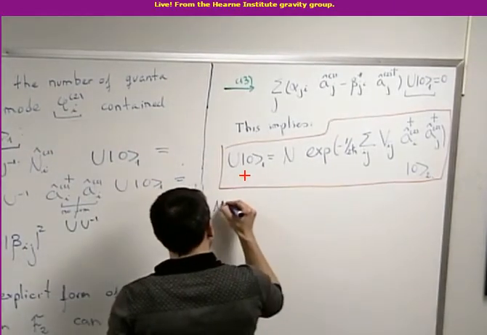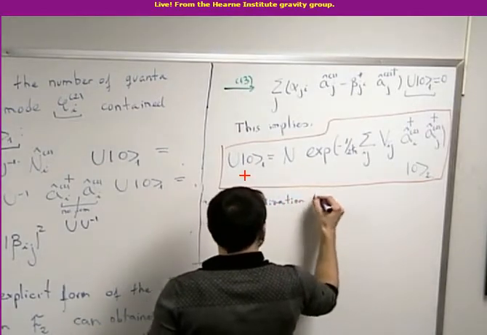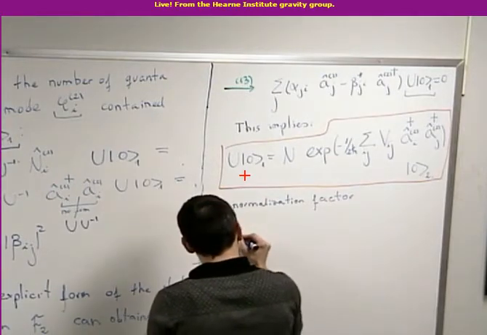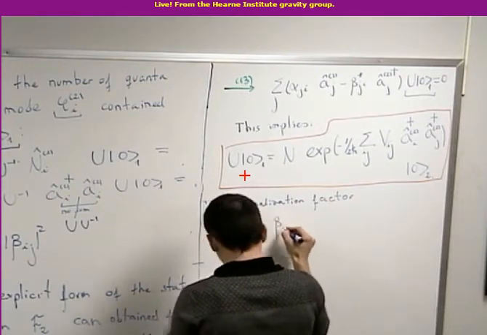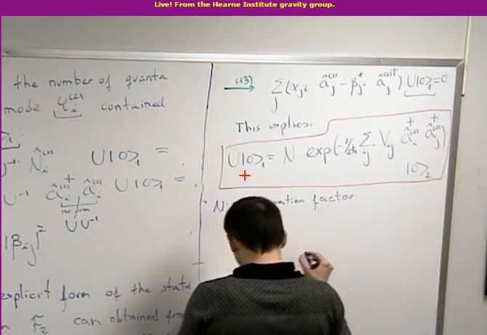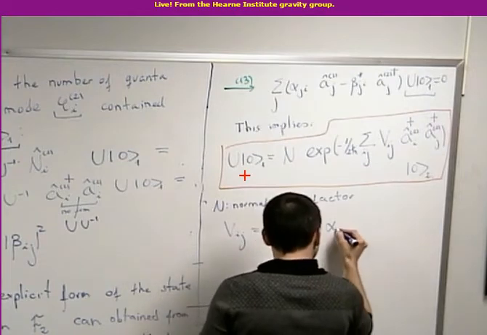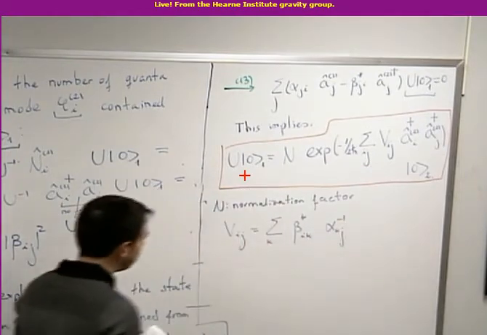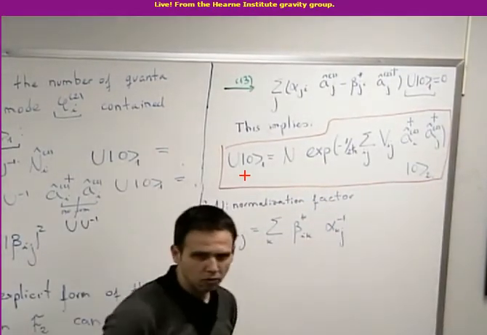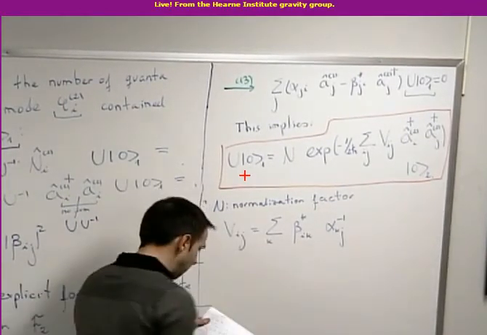As before, M is just a normalization factor. And V_ij is just the sum over k of beta_ik conjugated times alpha_kj minus 1. So it's an exponential of a two-particle state. So vacuum, 2 particles, 4 particles, 6 particles, etc., where the coefficients are ratios between beta and alpha, as in chapter 2.